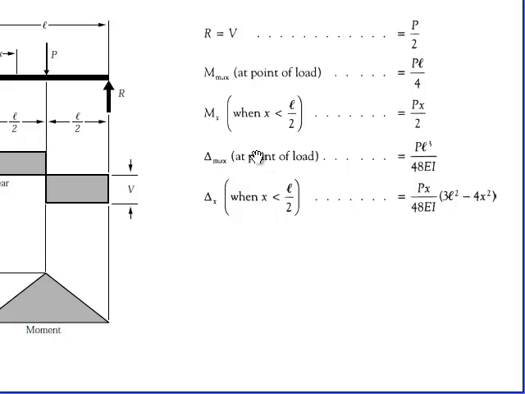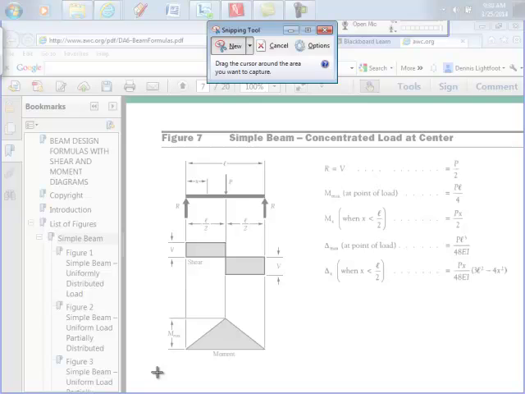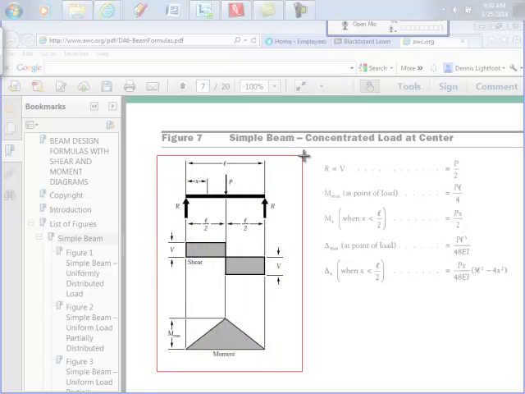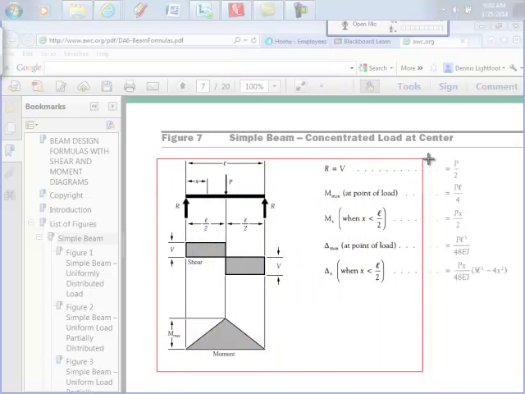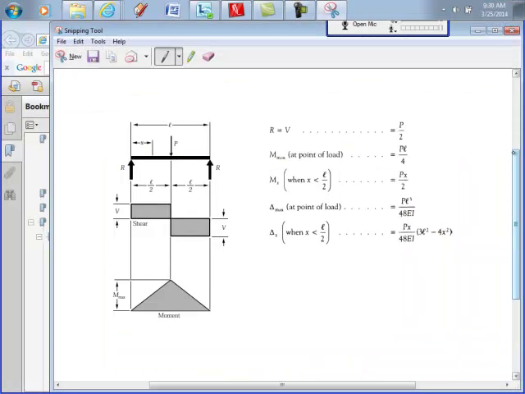They've gone two more integrations to find the deflection, and they also tell you where the maximum deflection is. All right, so let's just snip that and we'll put that into our solution.